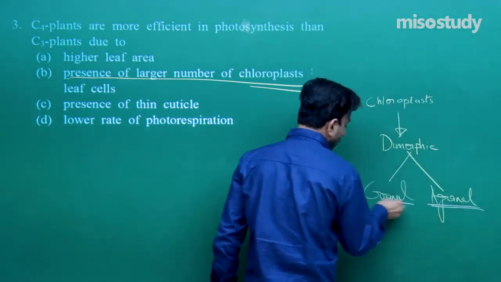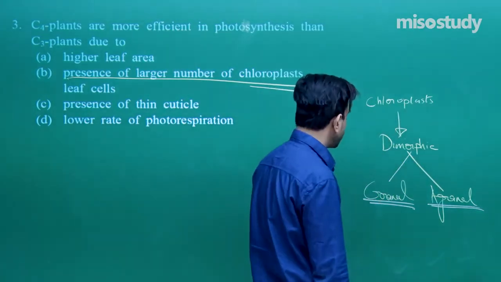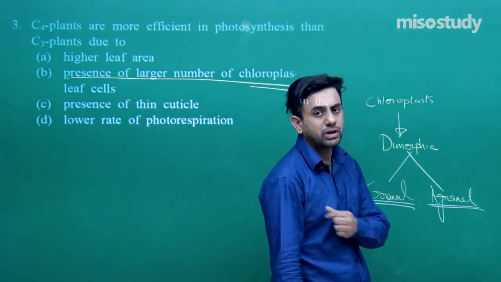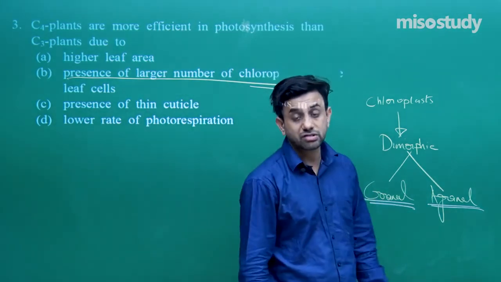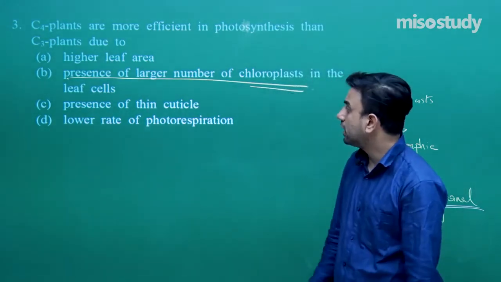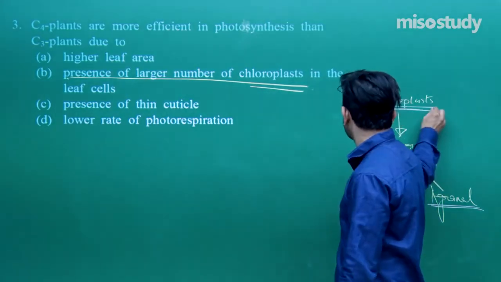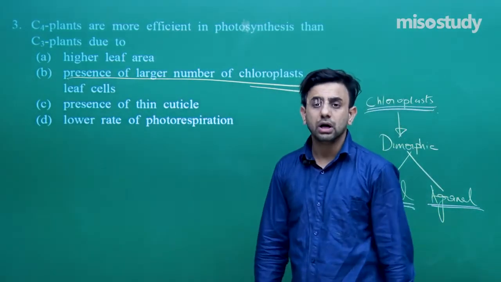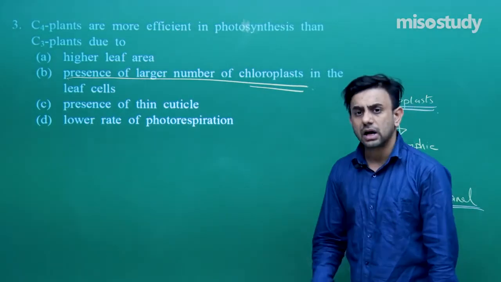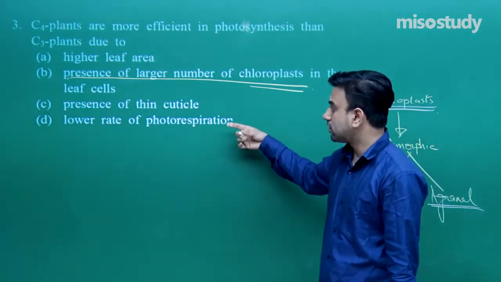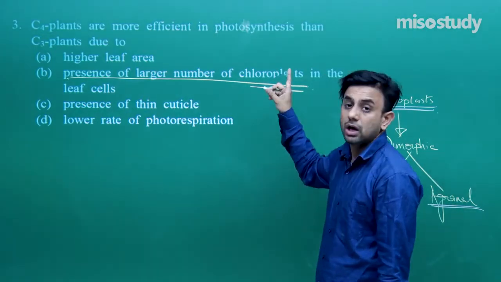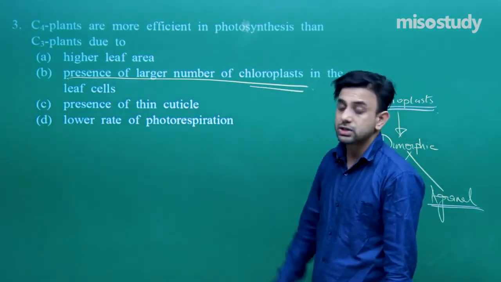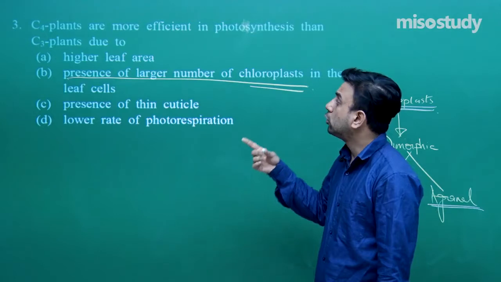So, granule chloroplast and agranule chloroplast, and why the granule and the agranule, we will talk about this when we are talking about the cyclic and non-cyclic photophosphorylation. So, definitely the chloroplasts are also dimorphic, they are more in number in the C4 plants, and yes, one of the reasons will also be the lower rate of photorespiration, but there is loss of energy in photorespiration, so why more efficient?